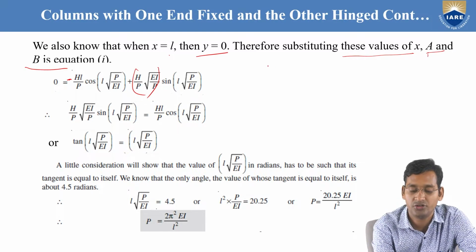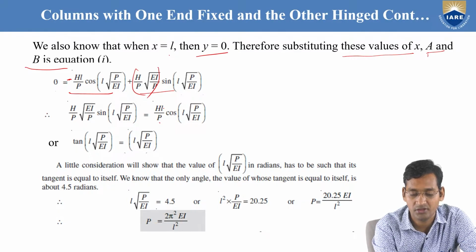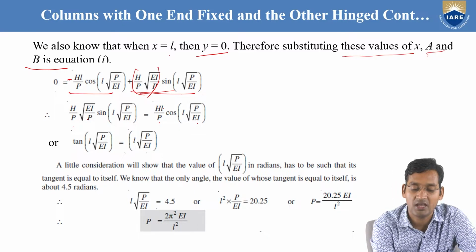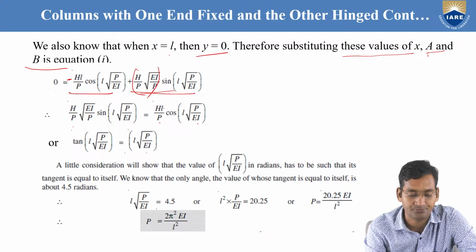That's why here it's a misprint. So after substituting, this is minus, this is plus. Take this to the other side: h L by p cos L root p by EI equals h by p root EI by p sin of L root p by EI.